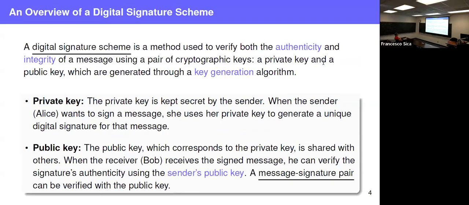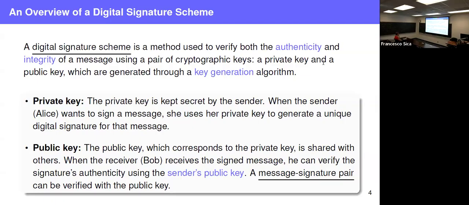So, what is a digital signature scheme? Digital signature schemes work using public-private key pairs. The private key stays secret with the sender to create signatures, but the public key is shared with everyone to verify whether the message is intact or not.